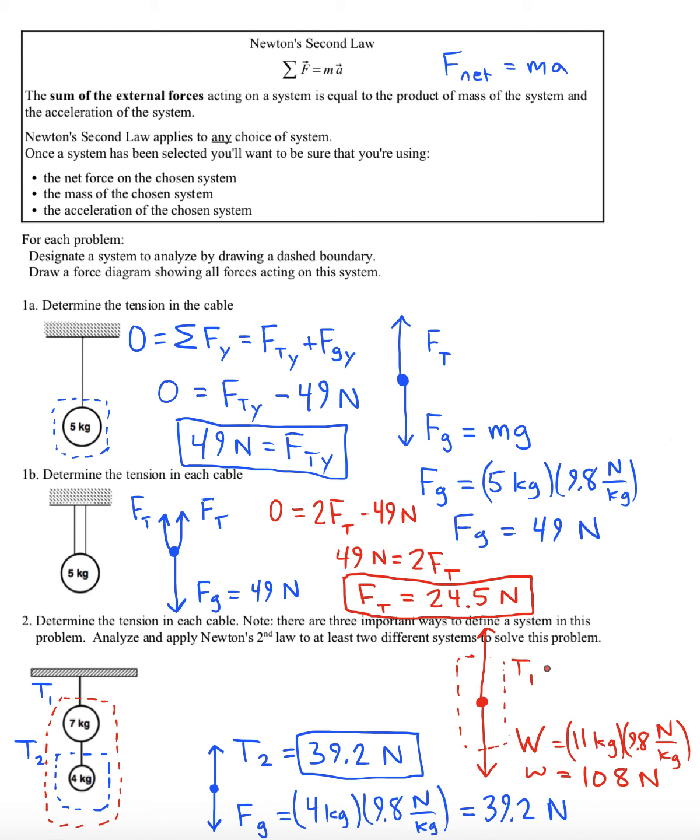So this tells us that that upper tension has to be 108 newtons. By making two different choices of system to analyze, we were able to find two different cable tensions.